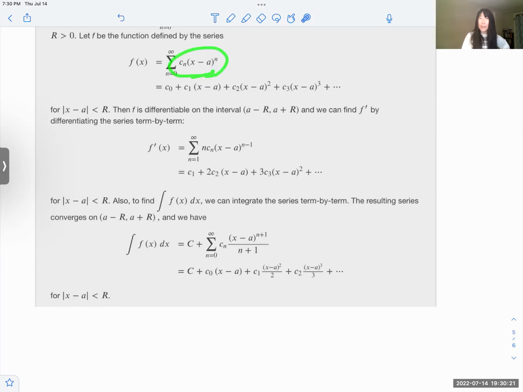So we integrate from the original one, right? Then we get the n plus 1, and we do 1 over n plus 1, right? Okay, so we do term by term, right? So every time we integrate, we always make a plus C, right? That's why they have a C there, all right?